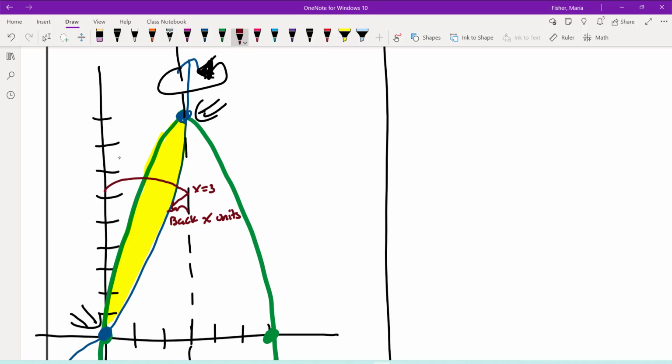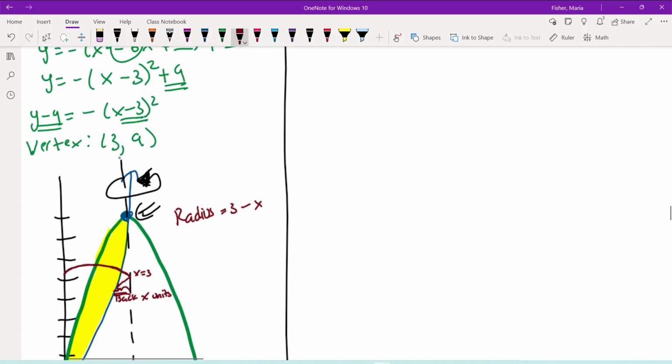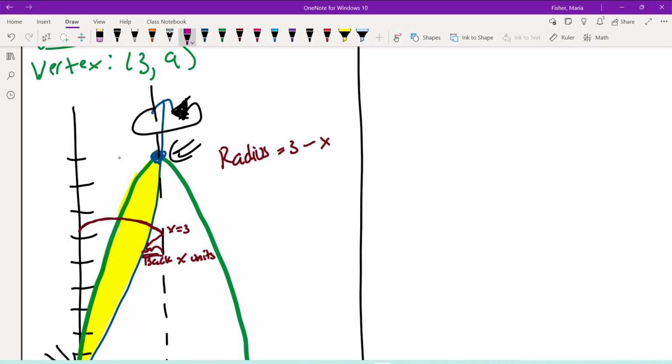What that means is that our radius is going to be, again, all the way to 3 because 3 is further to the right, and then minus x because we need to get back these units that I have to travel. So my radius is 3 minus x. Then I need to find the height. Well, the height is just going to be the distance inside of here.